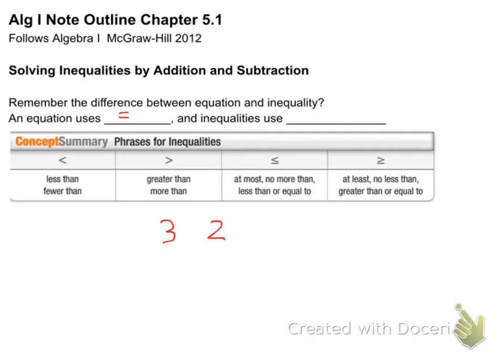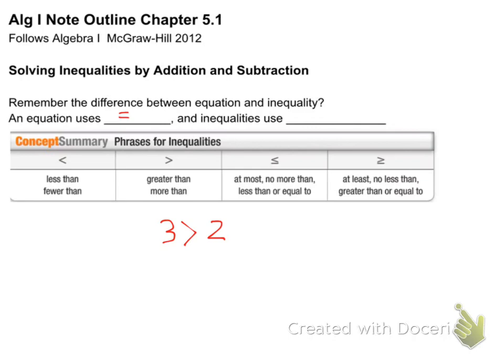So if you can think back to your middle school days, maybe even earlier, you guys probably learned it as an alligator mouth. And the alligator always wants to eat the bigger number, yes? So 3 is greater than 2. That's how I read this. 3 greater than 2. That is a valid or true statement, right?